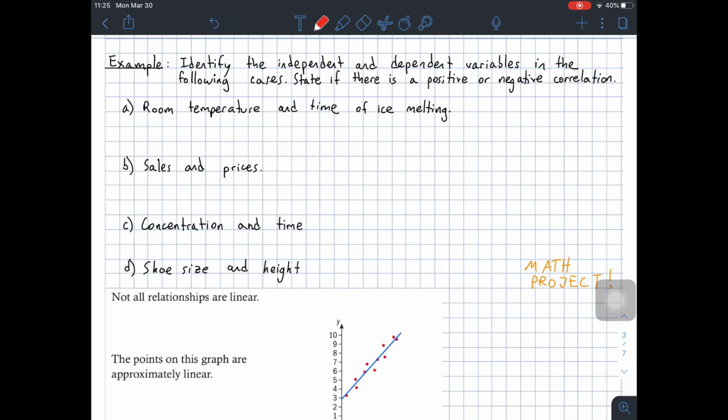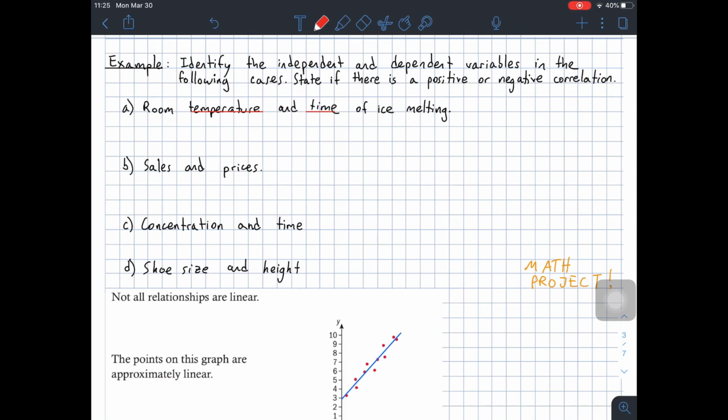In order to practice identifying independent and dependent variables, it says, identify the independent and dependent variables in the following cases. State if there is a positive or negative correlation between the variables. So, part A says, room temperature and time of ice melting. In this case, the two variables, first of all, would be room temperature, so temperature, and time of ice melting, right?